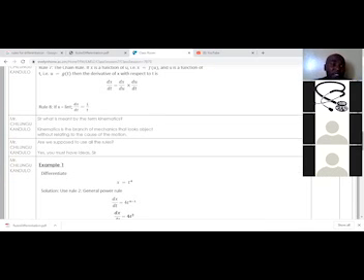Then the last point is that if x is equal to ln t, the natural log, which is on your calculator, then dx dt is 1 over t. So you will make a correction for me: there it should be ln t. So those are the things.